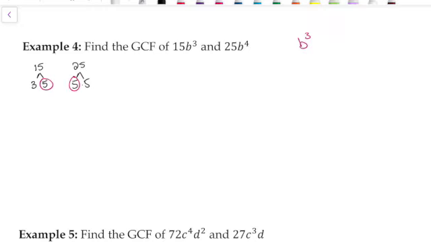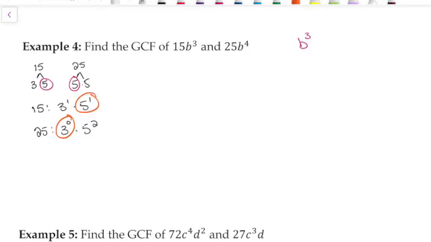Okay, so it follows the same rule, and I'll show you how. 15 is 3 to the 1 times 5 to the 1. And 25 is 3 to the nothing, there is no 3 there, times 5 to the 2. And this one right here is terrible, so I'm going to rewrite it there. All right, so now if you think about it that way, the 3 to the 0 is the smallest because there is no 3 in that one.